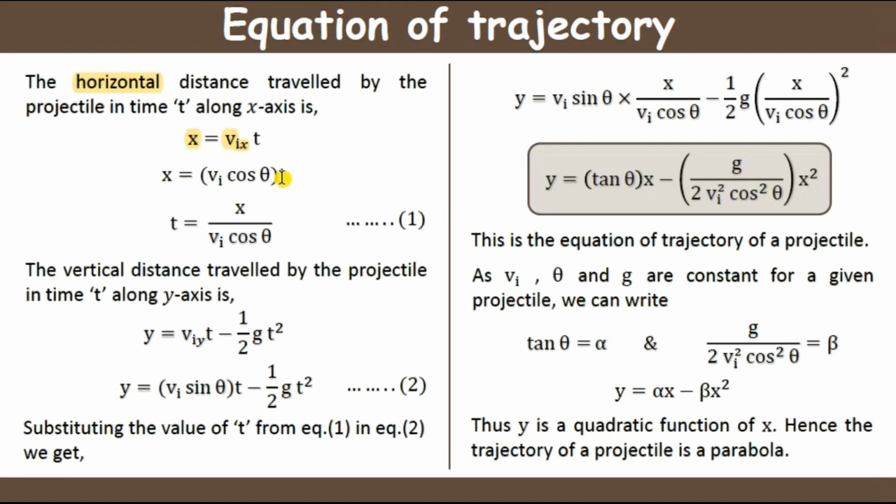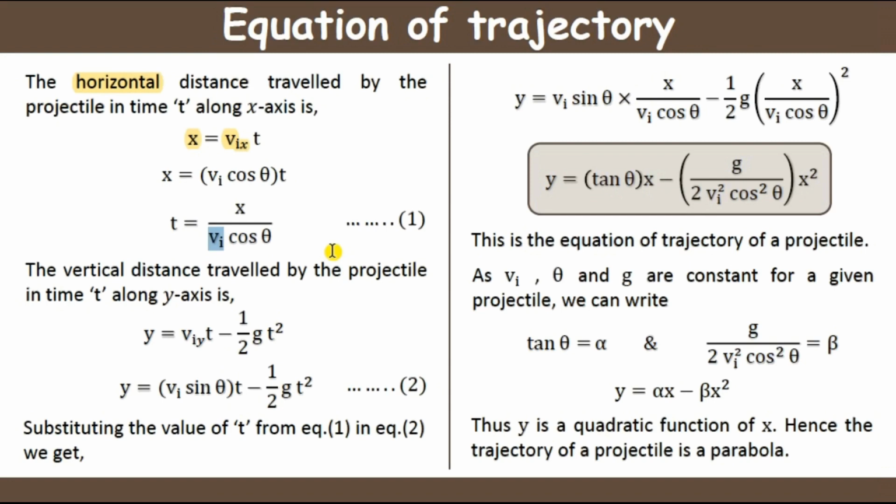I wanted to know the time, so I'm just rearranging it, which is giving me x over Vi cos theta, or the Vi is the initial velocity, so we can write that as u as well sometimes. So you can say that as x divided by u cos theta also, which is our first equation.